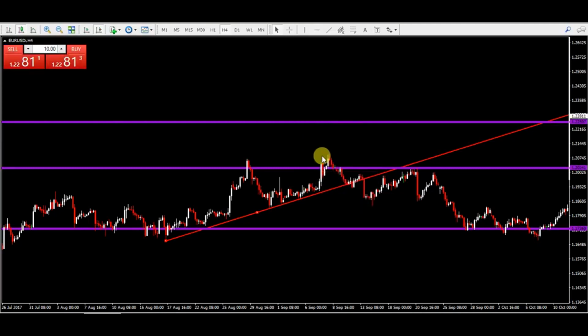All right, we know a good short is coming, but it hasn't met our rules. It's met one of our rules, coming to one of our support resistance areas, which is this line here. But we needed to meet another one of our rules, which is a candle closure below our descending trend line on the 4-hour chart.